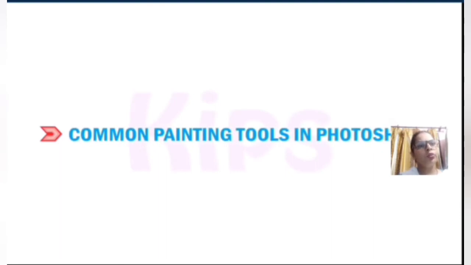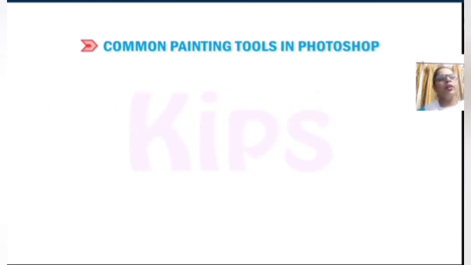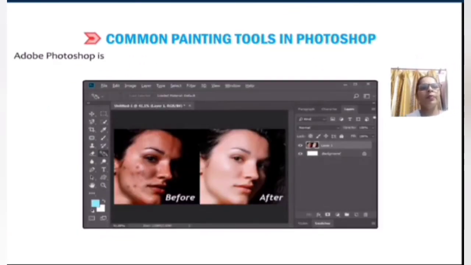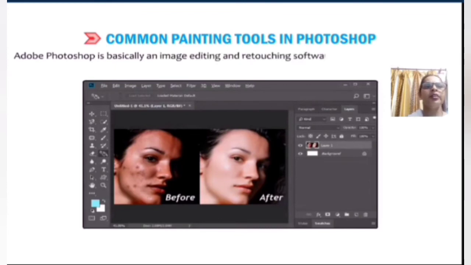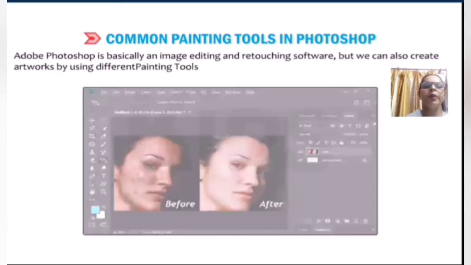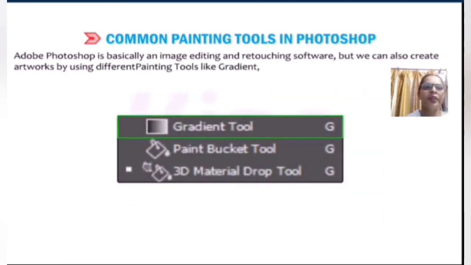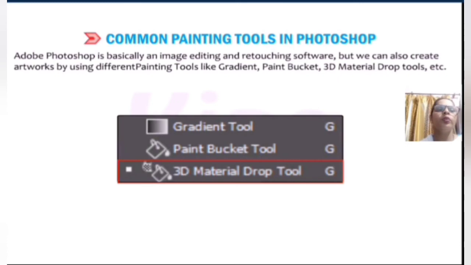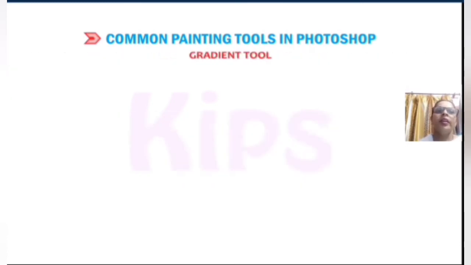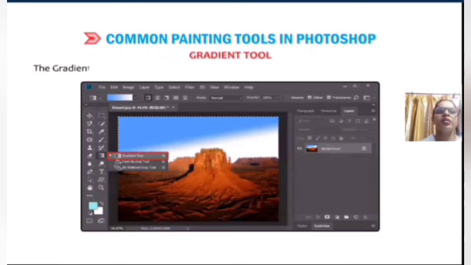Common painting tools in Photoshop CC. Some common tools are also available. Adobe Photoshop is basically an image editing and retouching software, but we can also create artwork by using different painting tools like the gradient tool, paint bucket tool, 3D drop tool, 3D material drop tool, etc. Now we discuss the gradient tool.